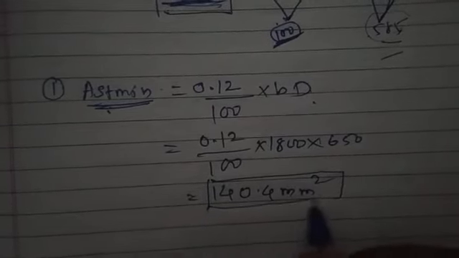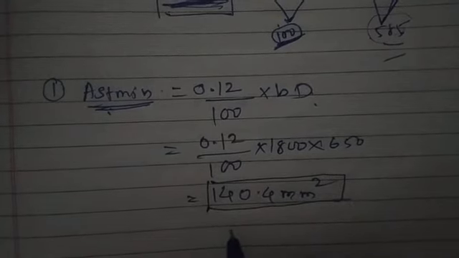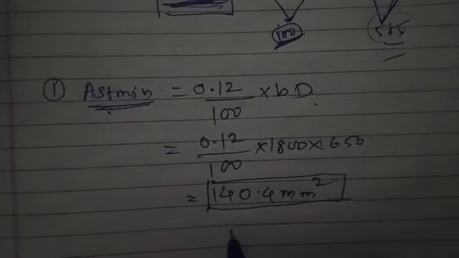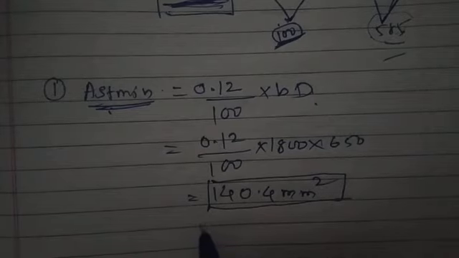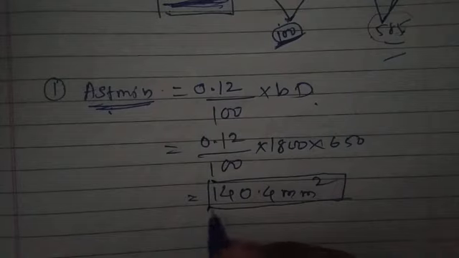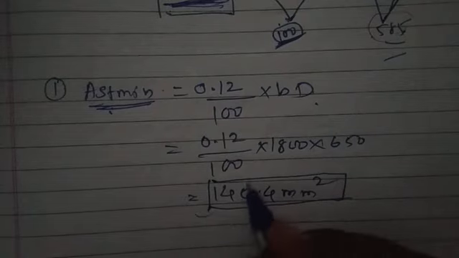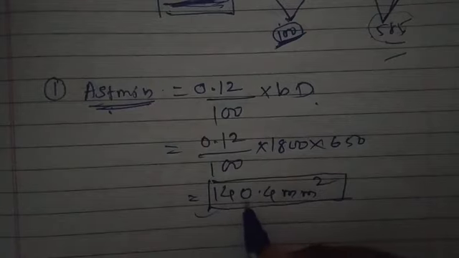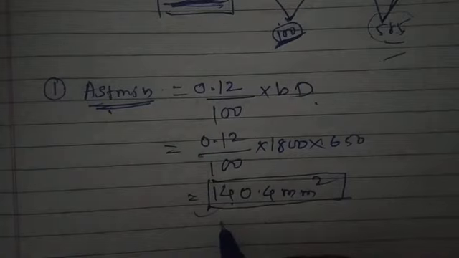In the next calculation, we are calculating the area of steel under column A, area of steel under column B, and the area of steel for the part between column A and B. So if any section is having calculated area of steel lesser than this value, then we'll go for providing AST minimum at that section.